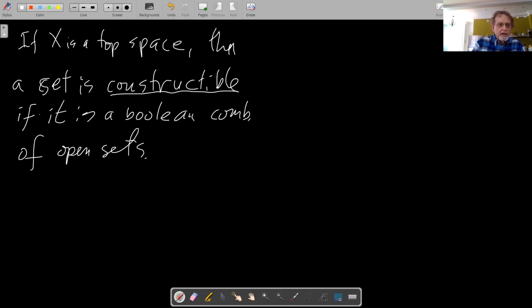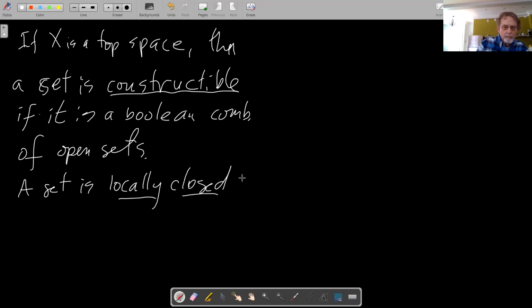A set is locally closed if it is the difference of two open sets.